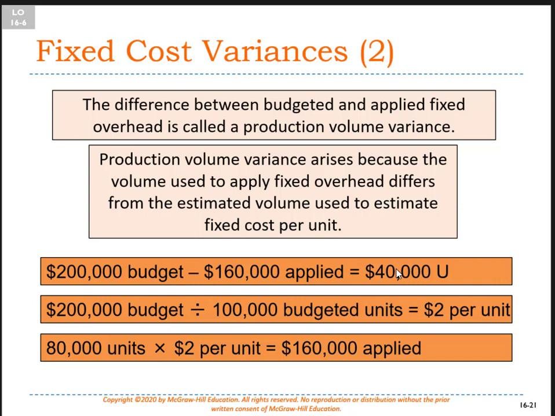But it does explain the difference between what we have as actual overhead and what we have applied in our process. Remember, applying the overhead would involve whether we apply overhead to jobs, to departments, or to units. We've done that in activity-based costing, in job costing, and in process costing. Okay, so we're talking about that overhead and over or under applied overhead concept that we introduced several chapters ago.